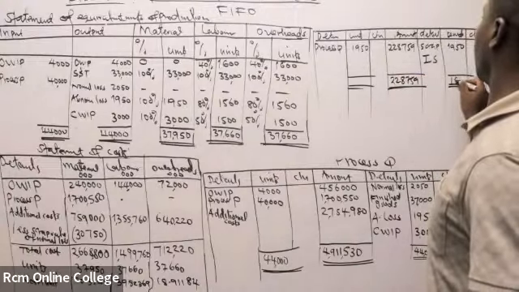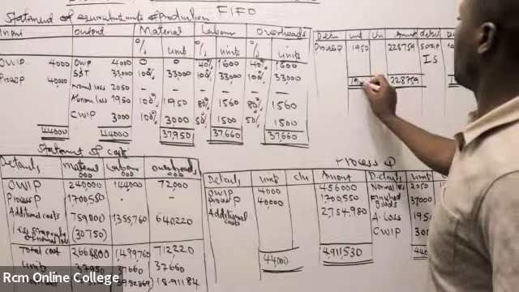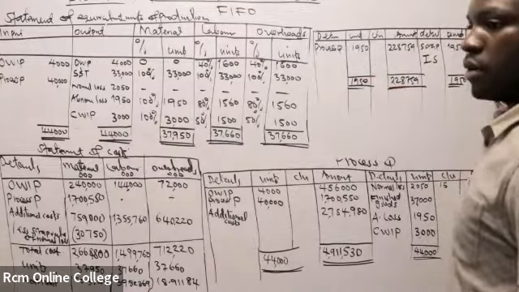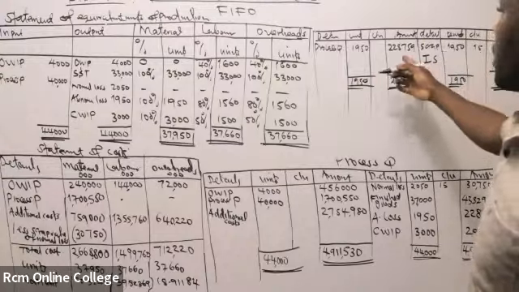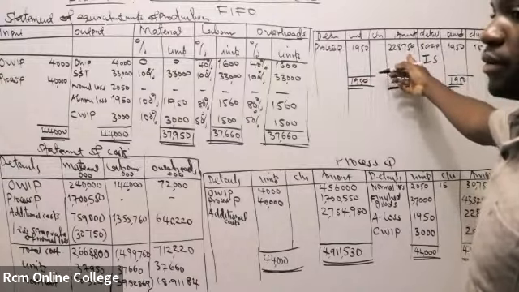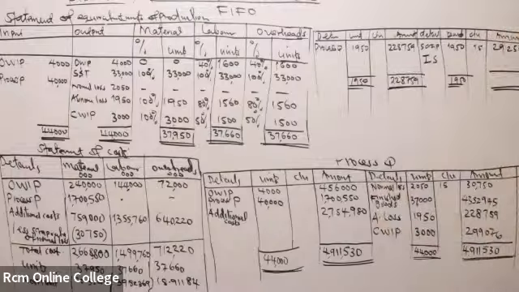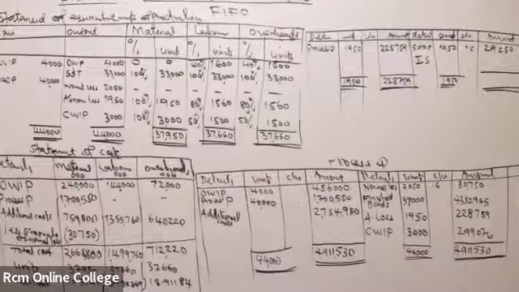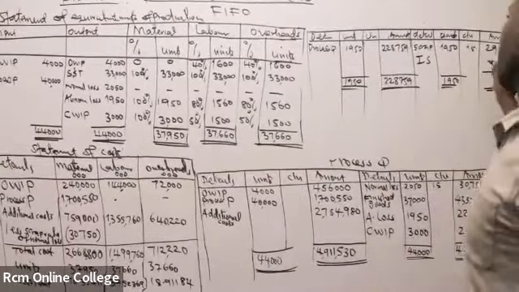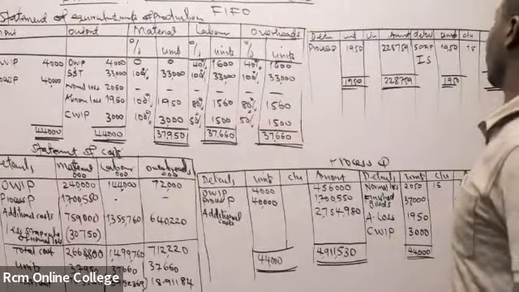It is the difference between what you posted there and the 228,759, which is 199,509.